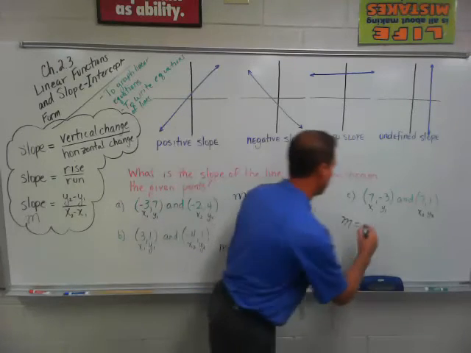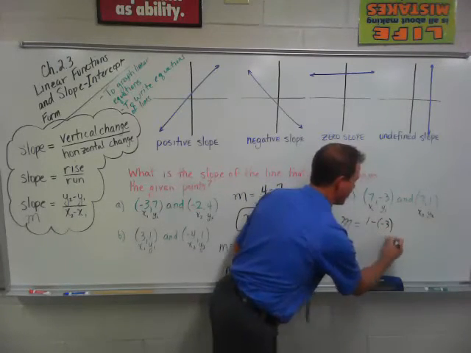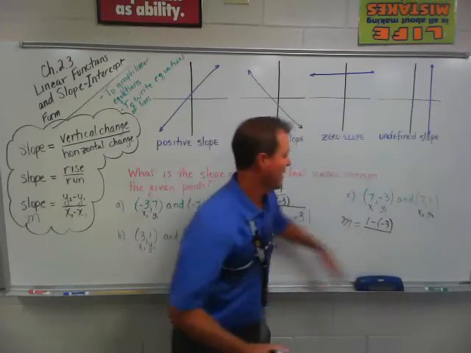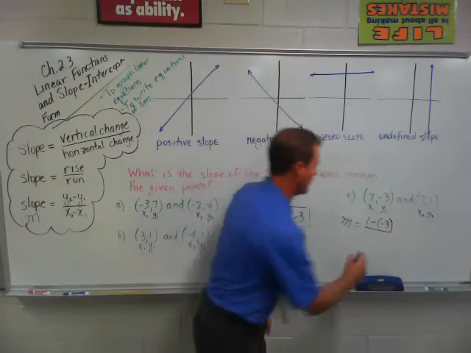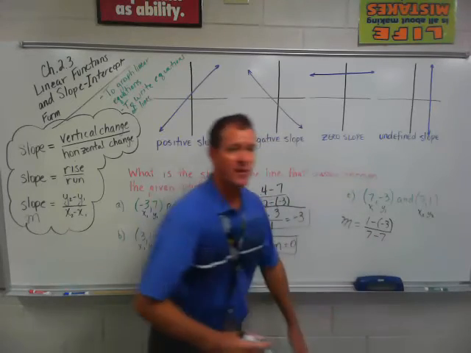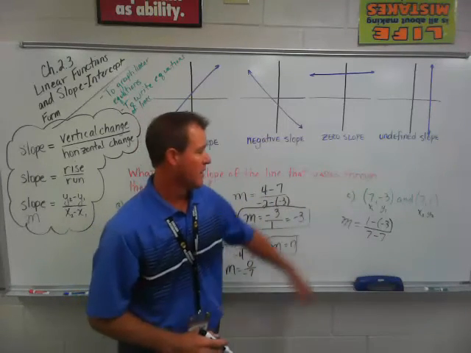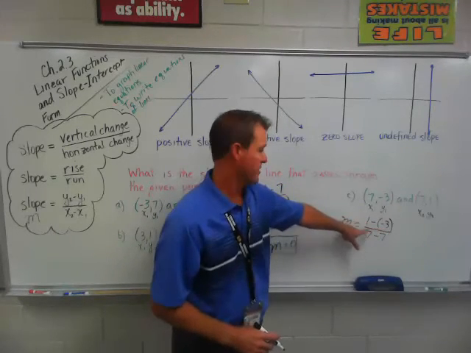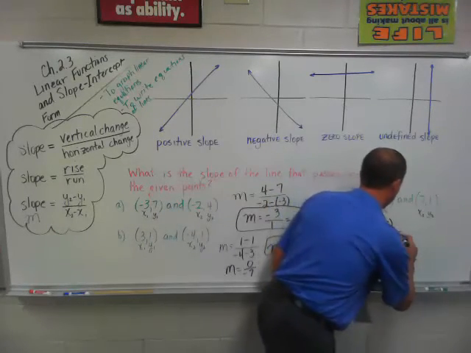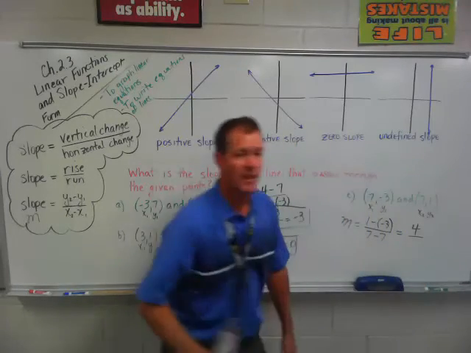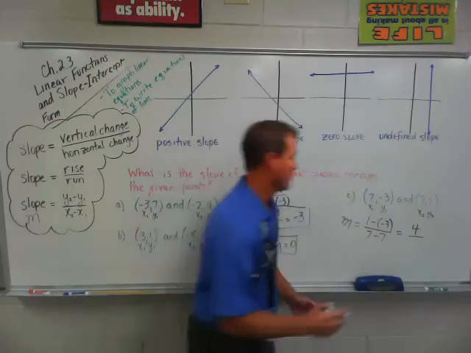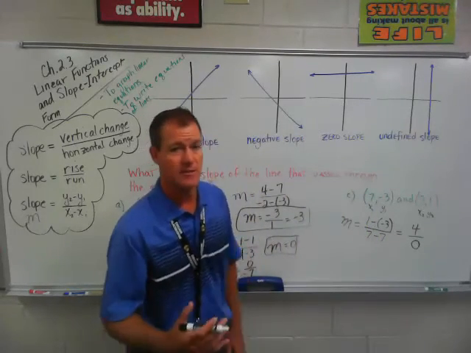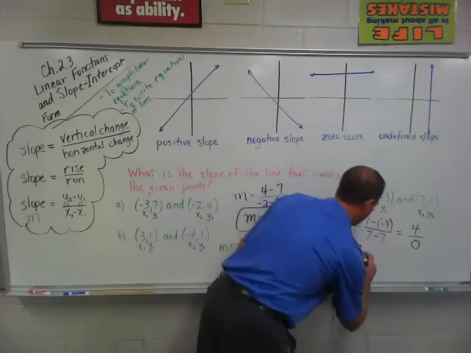So I've got 1 minus negative 3. My denominator will be x2 minus x1, so that ends up being 7 minus 7. In the numerator, minus a negative 3 becomes plus 3. So I've got 1 plus 3 is 4. And in my denominator, I've got 7 minus 7, which is 0. So anytime I divide by 0, the answer would be undefined.